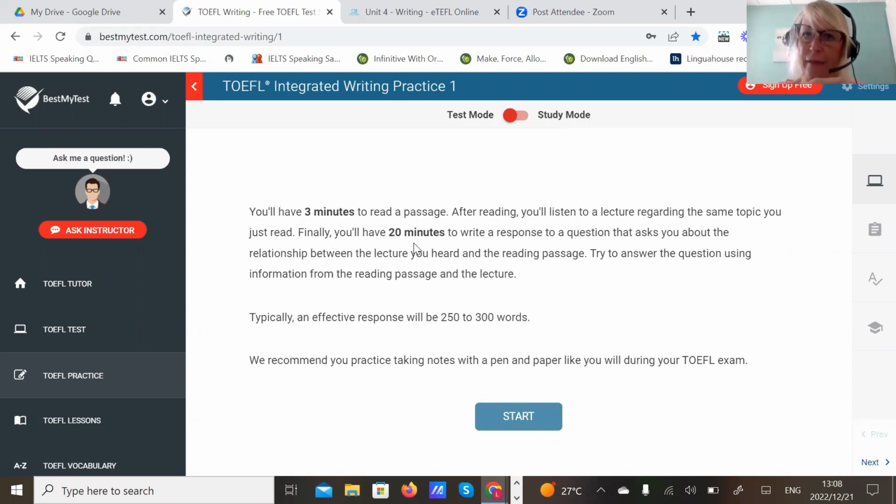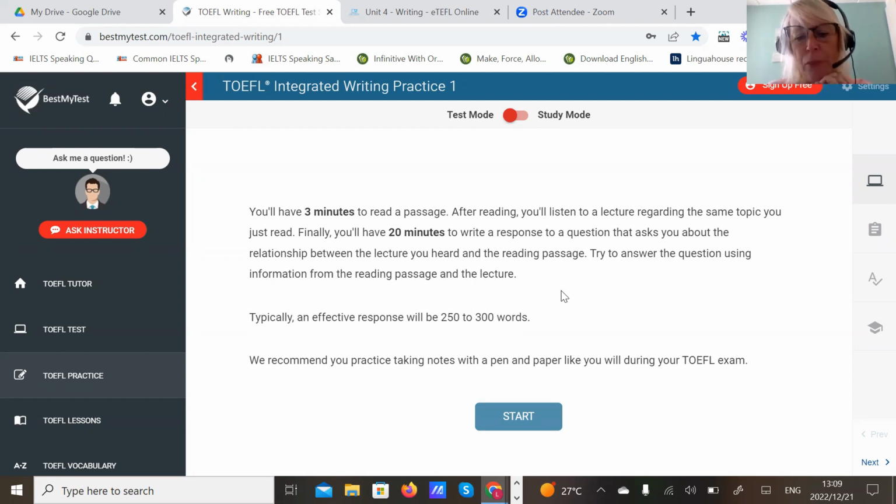On the one hand, there's that opinion, but on the other hand, there's that. So they must cover both of those opinions. 250 to 300 words, which isn't all that long, but of course it's only 20 minutes. So it's not very much time at all.